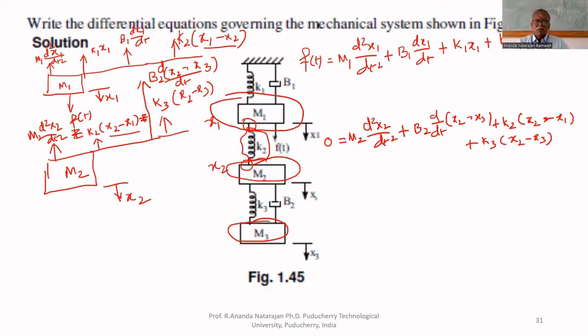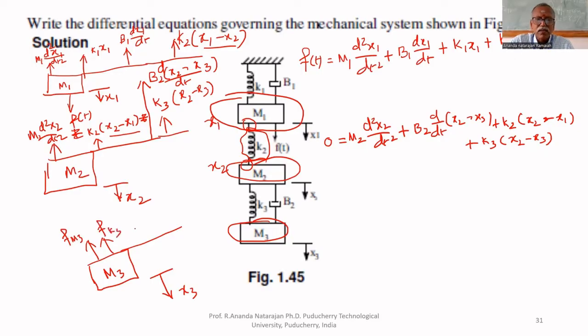For the third mass, what are the reaction forces acting on it? No applied force, only reactions. Displacement is downwards, therefore the reaction forces are acting upward. The three reaction forces are Fm3, Fk3 and Fb2.